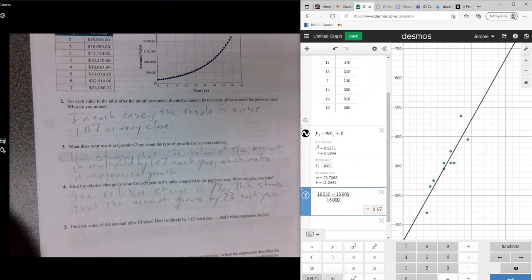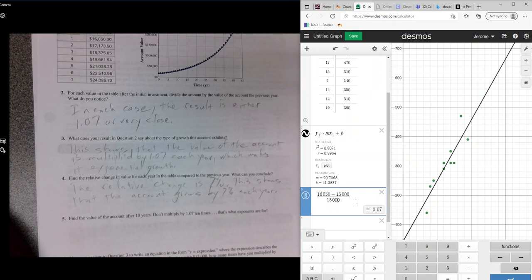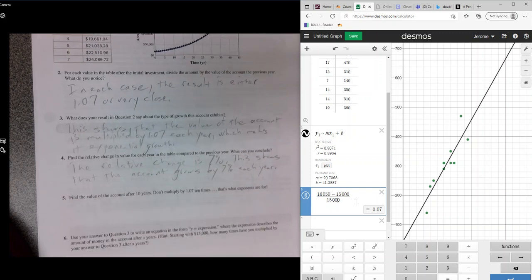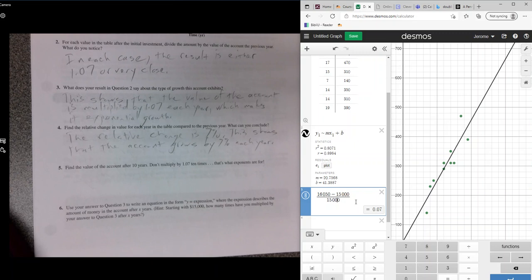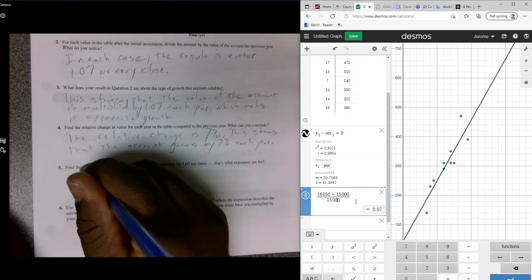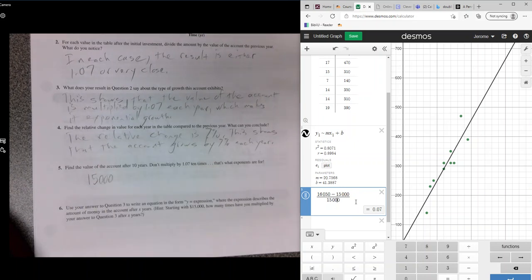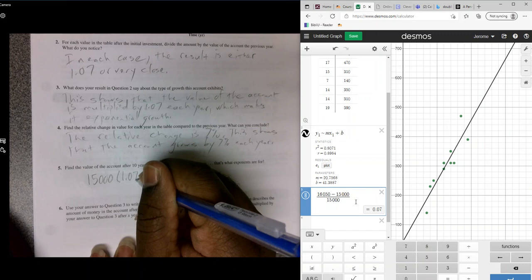Now, number 5, it says find the value of the account after 10 years. Don't multiply by 1.07 10 times. That's what exponents are for. So remember, we would take our initial investment, which is 15,000, and we know to get the next year, we'll multiply by 1.07. That's only for 1 year, but we want to do it for 10 years. So we would take this to the 10th power.